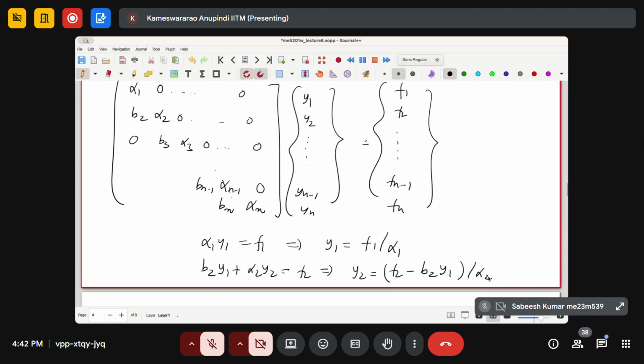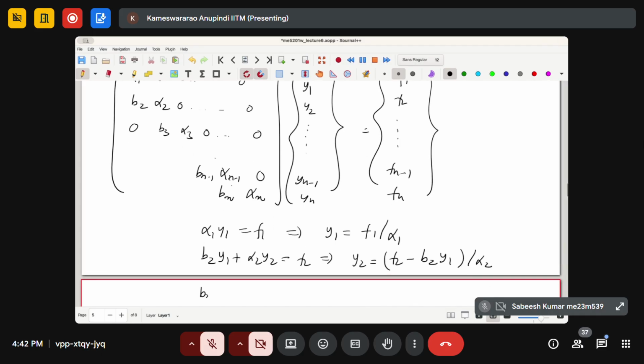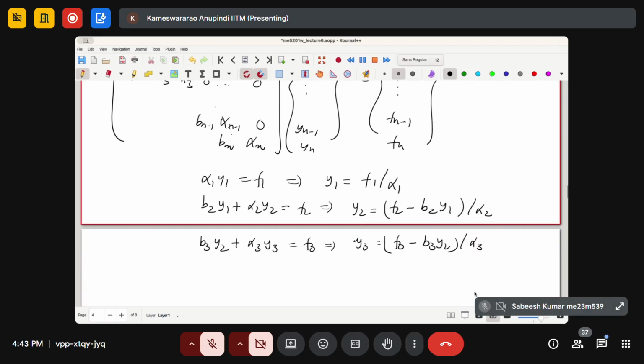Similarly, the third one is going to be b3 y2 plus alpha 3 y3 equals f3. That means my y3 is going to be f3 minus b3 y2 divided by alpha 3. Okay, now you see the pattern already.